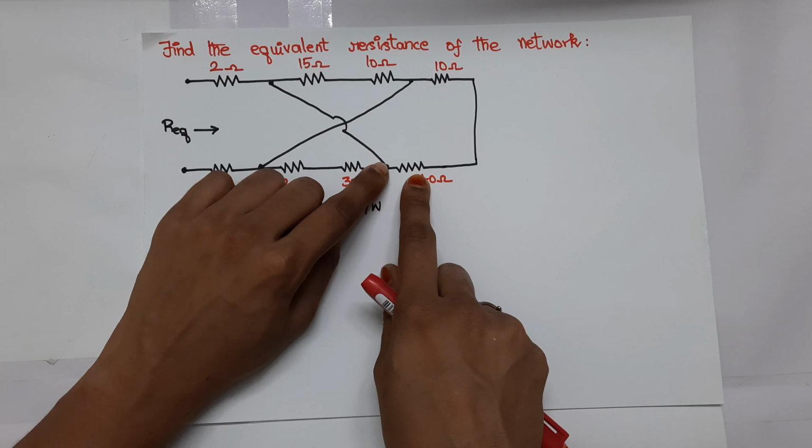So the first step, I am just going to make this short into one single node. 2 ohm resistor, then the circle node, which has 15 plus 10 as one single resistor. Then the same thing has 40 plus 10 connected in series.